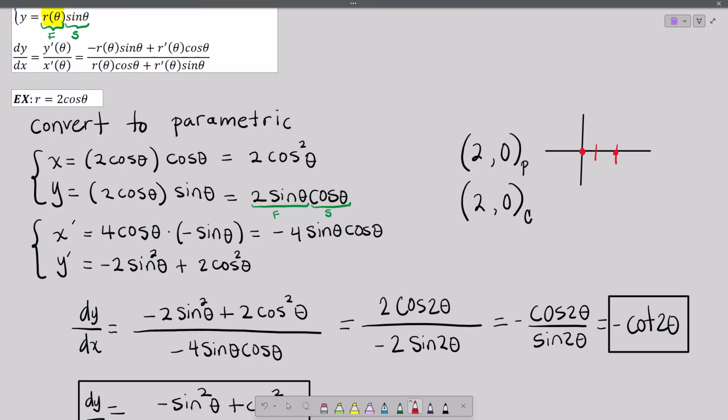And if we know that it's a circle tangent to one of the axes, we can see right away that, oh, then this is our circle. And yes, we now see that there is in fact a vertical tangent line right there. So that all lines up with what we're expecting.